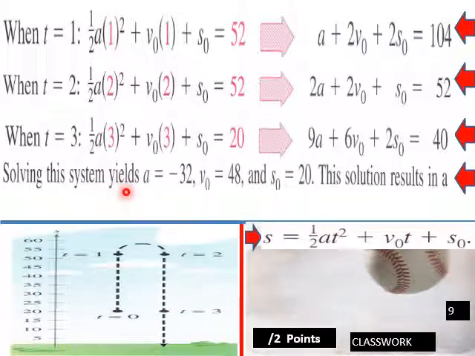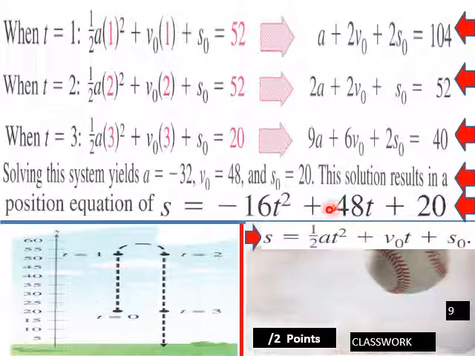So solving the system yields a equals negative 32, v naught equals 48, and s naught equals 20. This solution results in a position equation of s equals negative 16t squared plus 48t plus 20 with this model.